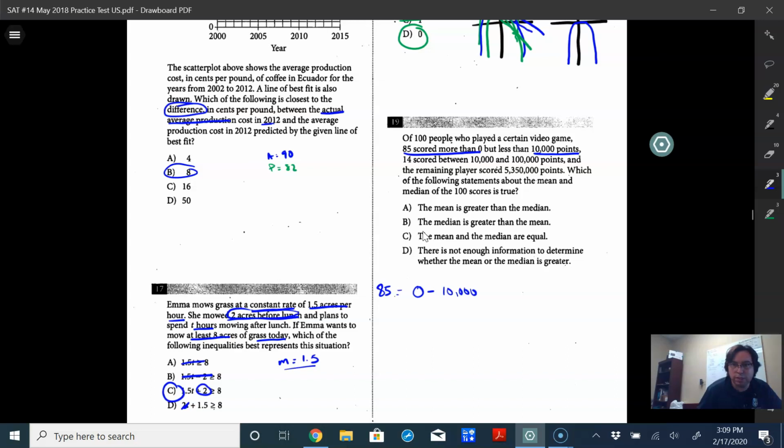And then it says 14 scored between 10,000 and 100,000 points. And the remaining players scored 5.3 million. So which of the following statements is true?